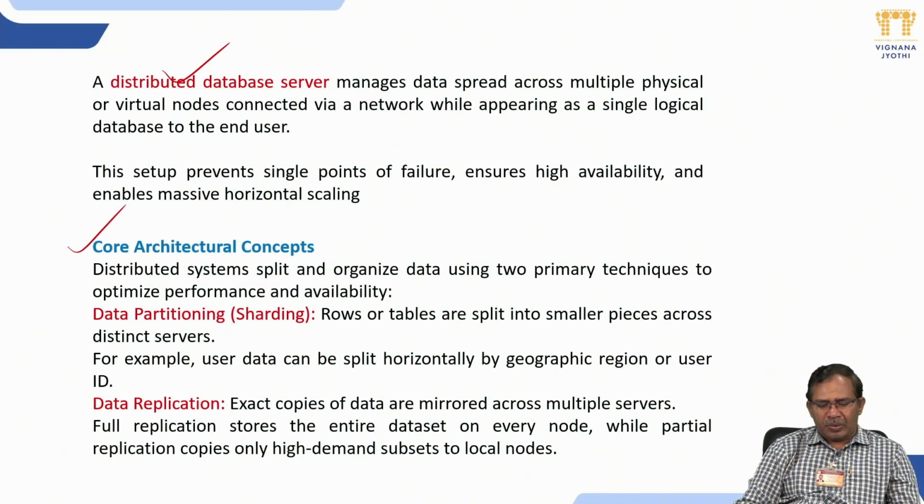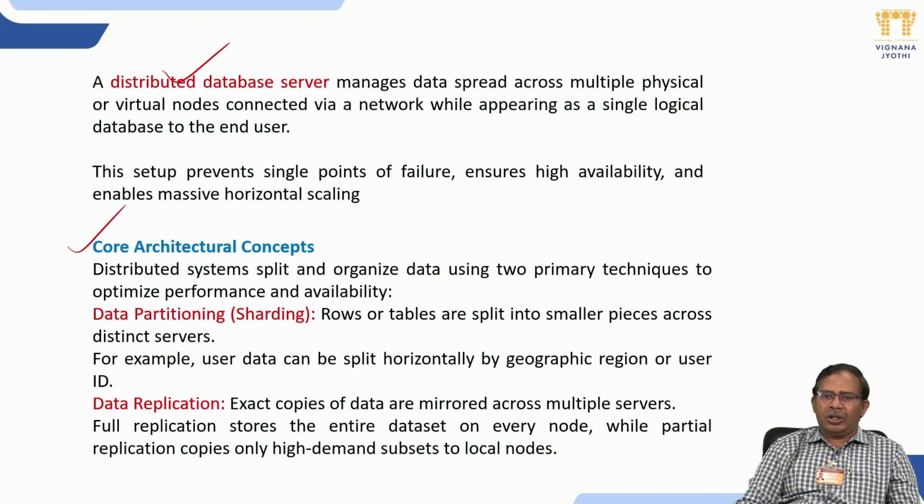For example, user data can be split horizontally, horizontal partitioning, by geographic region or user ID. So here data splitting happens based on the physical region or based on the user IDs.